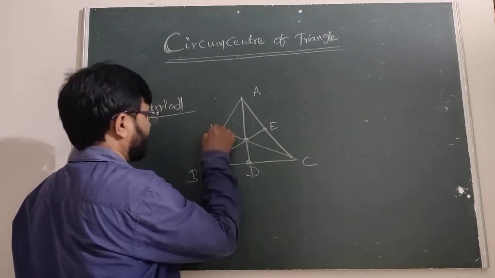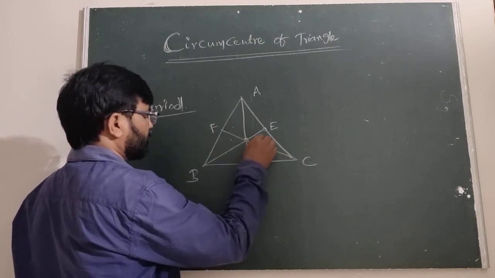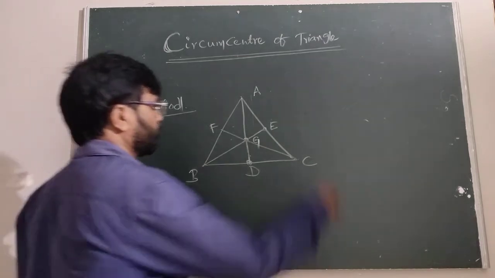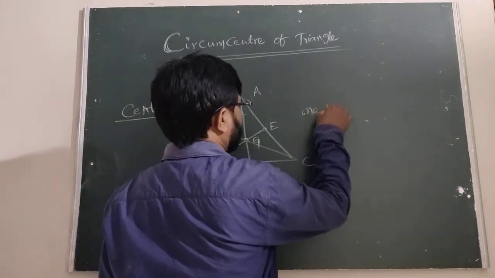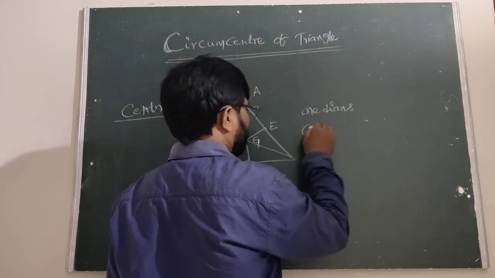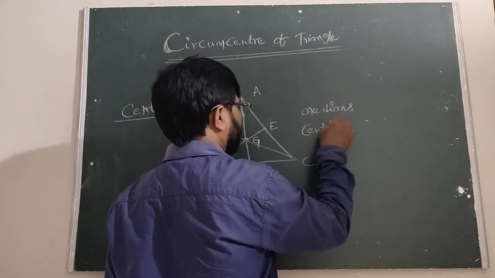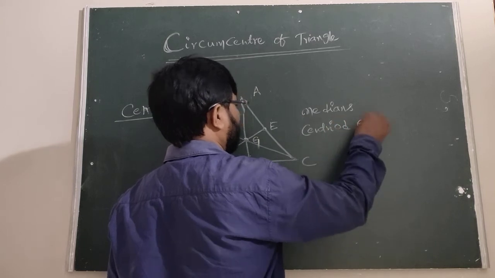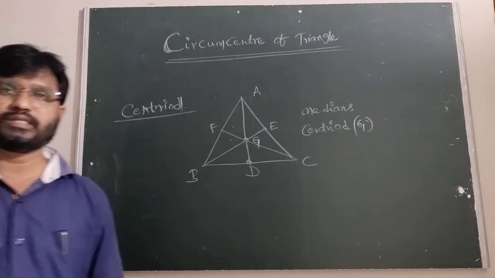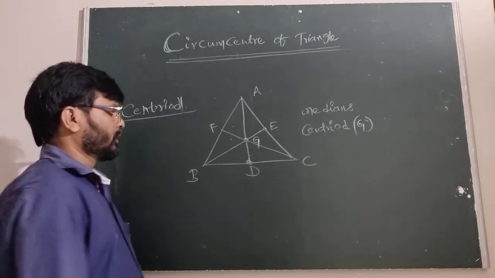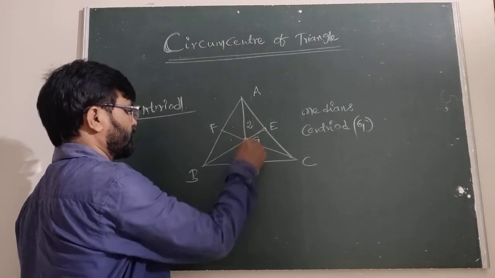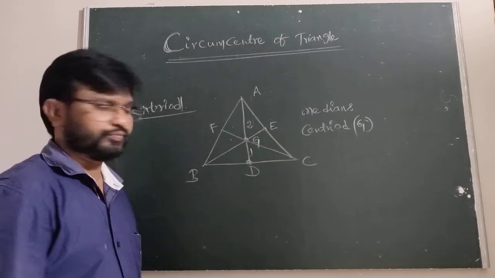This is the median CF. The point of intersection of the medians is called the centroid. Therefore, the centroid G divides the median in the ratio 2:1.